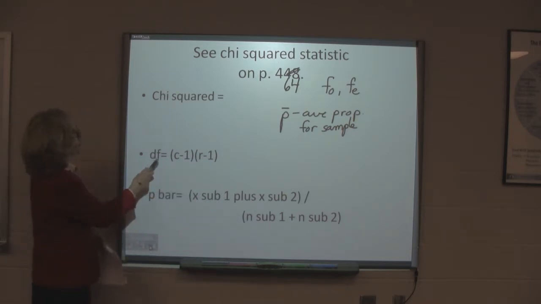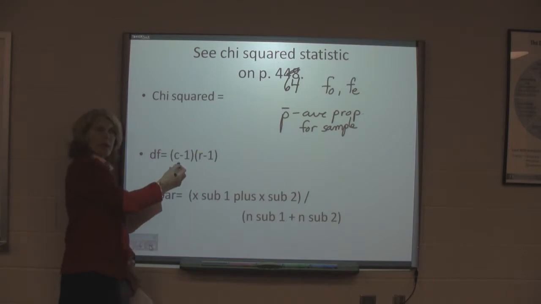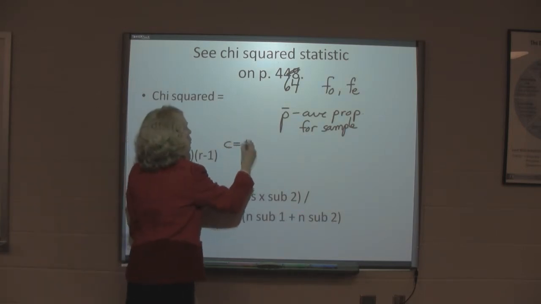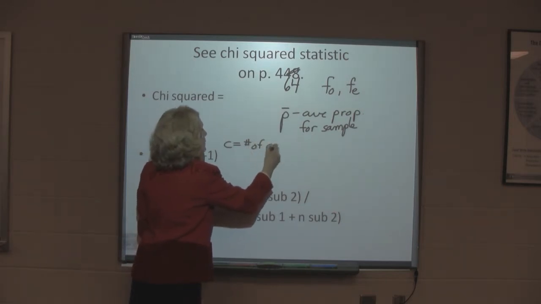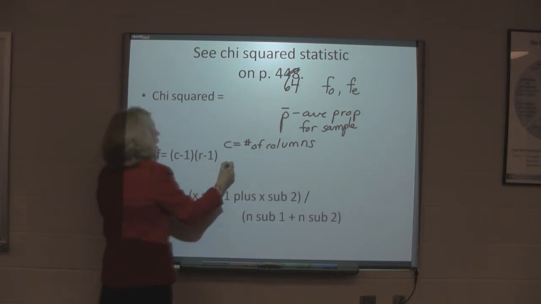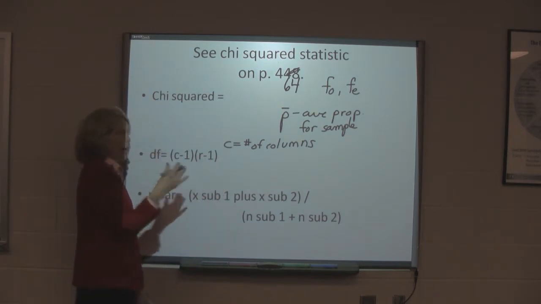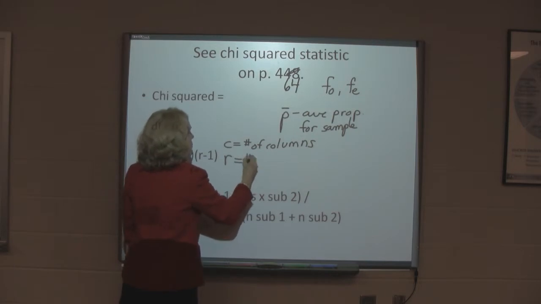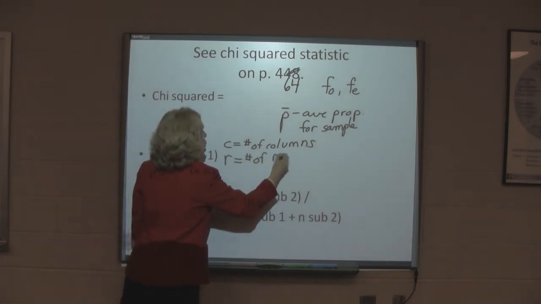Now, the degrees of freedom for the chi-square test is going to be C minus 1, where C equals the number of columns, times R minus 1, where R equals the number of rows.